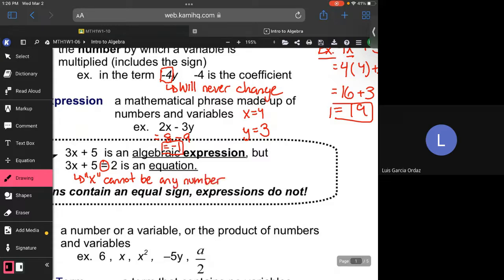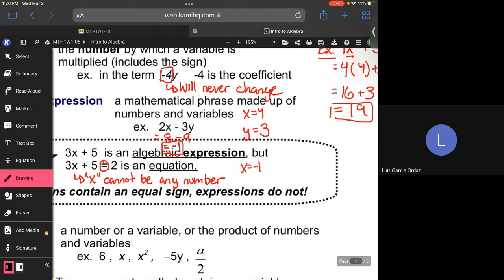So just using logic, what is the only value x can be for my equation to be true? Gian? -1. So in this case, the only way my equation is true is if x is equal to -1, and we will check that. I'll show you guys how to do it algebraically later on.